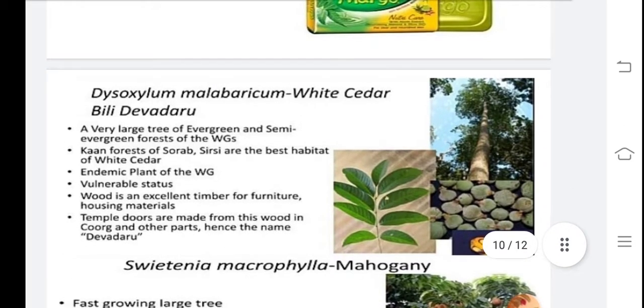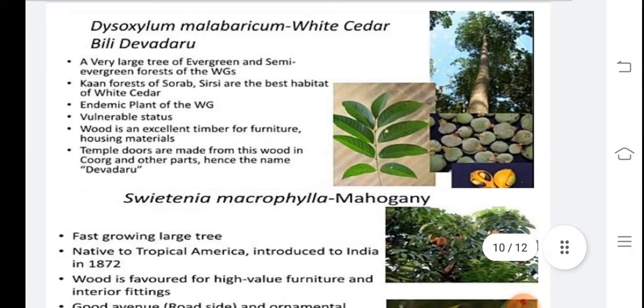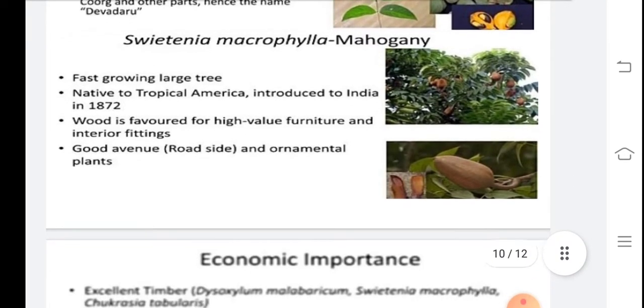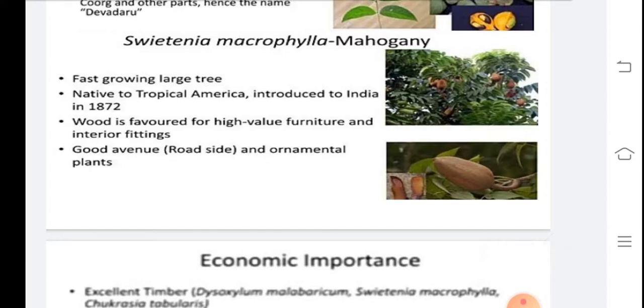Then Dysoxylum malabaricum, white cedar. It is an endemic plant of the western part, evergreen and semi-evergreen in forest areas. Then this is Swietenia macrophylla mahogany.